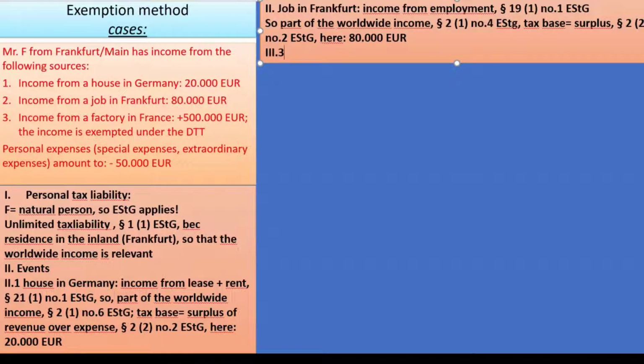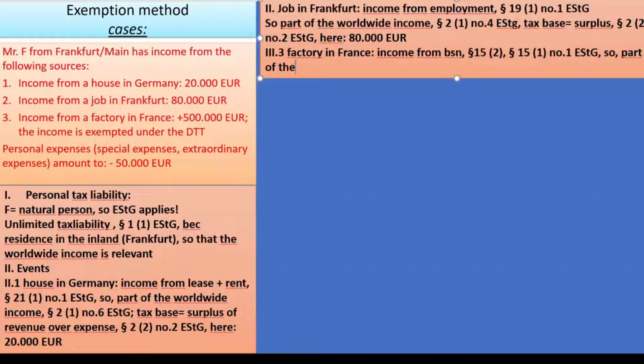So 3(3). The factory in France, for example, he might have inherited that from a grandfather or so. We don't know how somebody having a job in Frankfurt can also be the evidently sole and only owner of a factory in France, but it's possible. And if it's possible, evidently here it has happened. It's income from business. 2(2), paragraph 15(1), number 1 EStG.